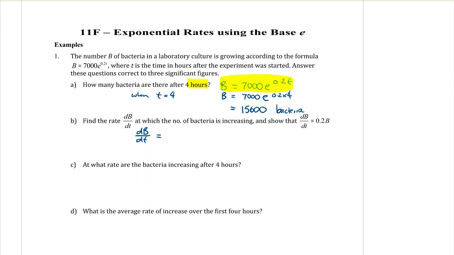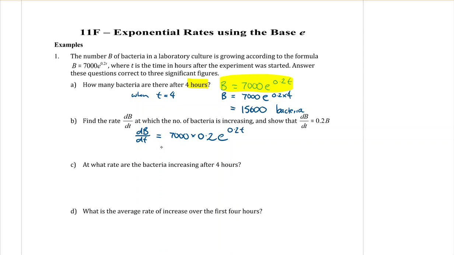Remember, when you're differentiating an exponential, you take the derivative of the power, so the derivative of 0.2t is 0.2, and you times it with whatever is out the front. So that is 7,000 times 0.2. Then the exponential part, the power stays the same. You don't subtract anything, so 0.2t.